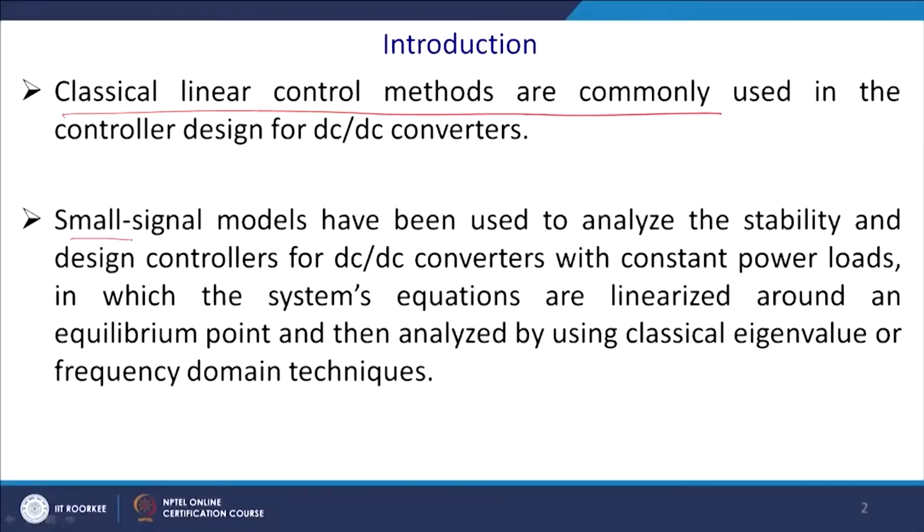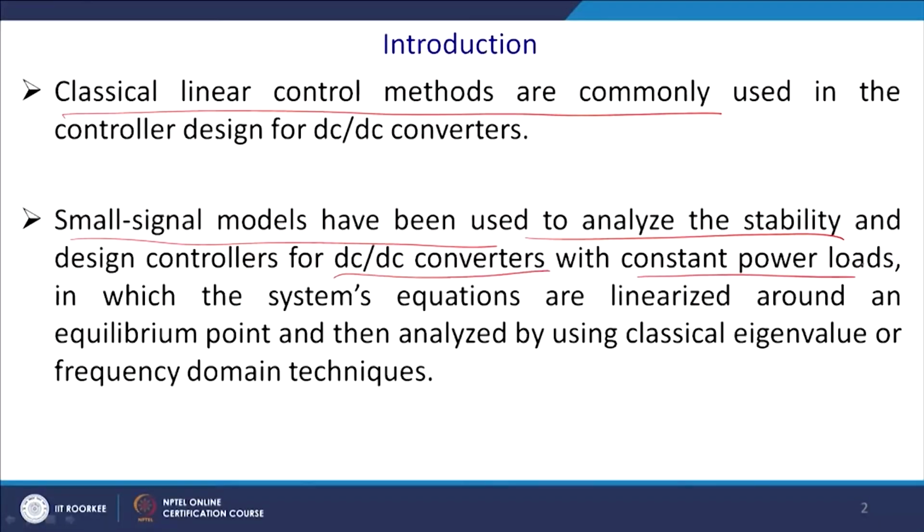A small signal model has been used to analyze small perturbations in the input and load disturbance, to analyze the stability and design the controller for a DC to DC converter with constant power load.